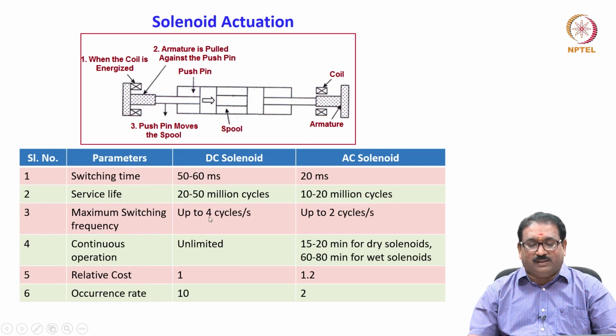Maximum switching frequency is up to 4 cycles per second, here up to 2 cycles per second. Continuous operation is unlimited, here it is 15 to 20 minutes for dry solenoids and 60 to 80 minutes for wet solenoids. The relative cost is 1:1.2. Occurrence rate is 10:2.